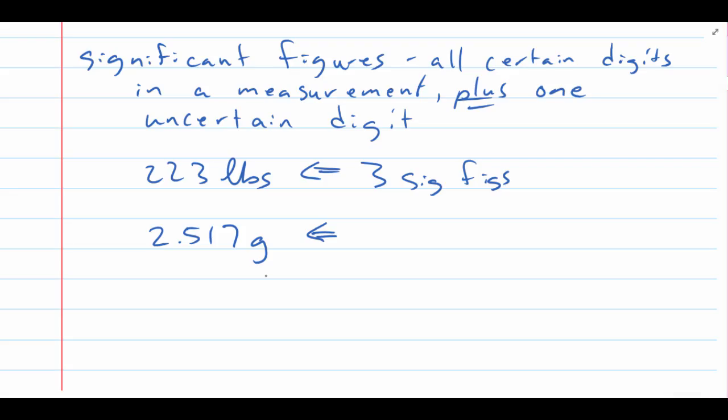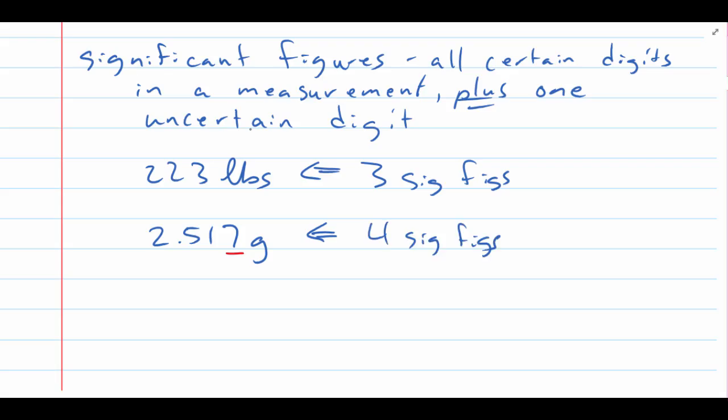So this would have 1, 2, 3, 4 significant figures. Significant figures are all of the certain digits, 1, 2, 3, plus the one digit that is uncertain. This one then has 4 significant figures.